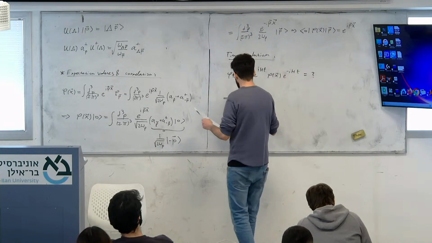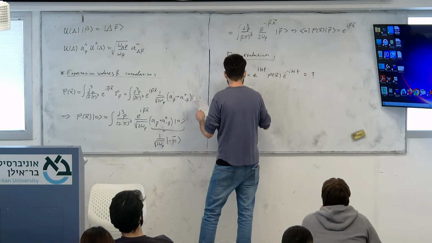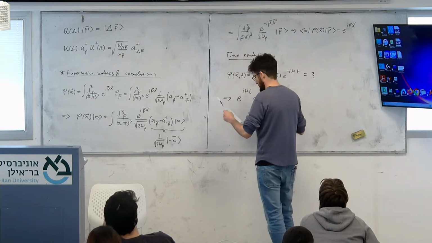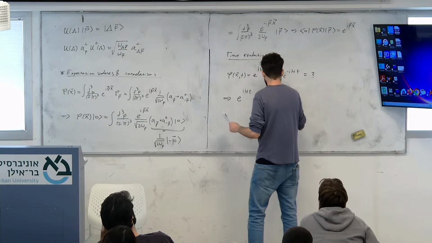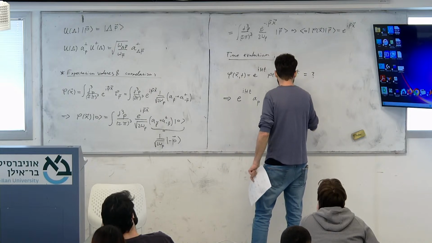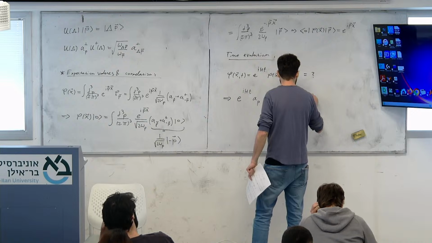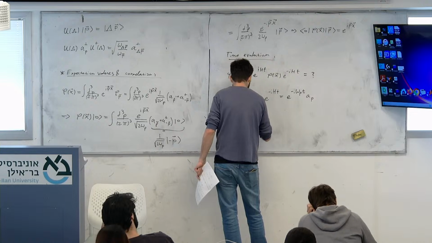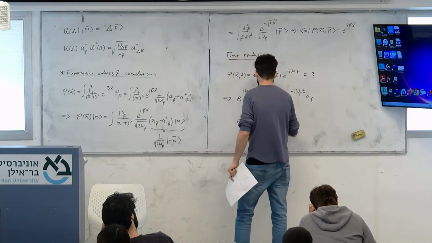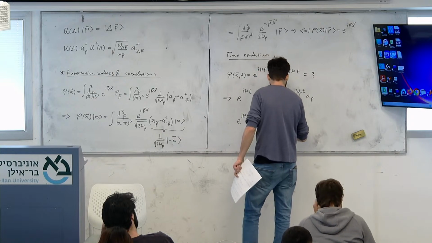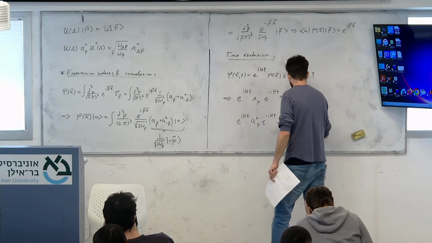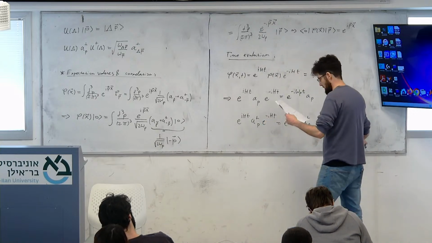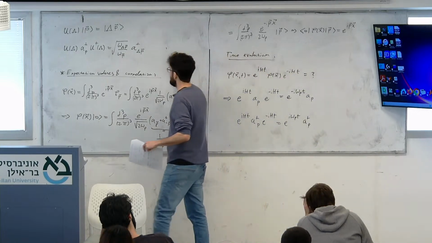The way to compute it is to use the eigenmodes that diagonalize the system. e to the I H t a of p e to the minus IHT is equal to minus omega pt a of p, and e to the IHT a dagger of p e to the minus IHT is equal to I omega pt a dagger of p. We'll do this in the exercise too.